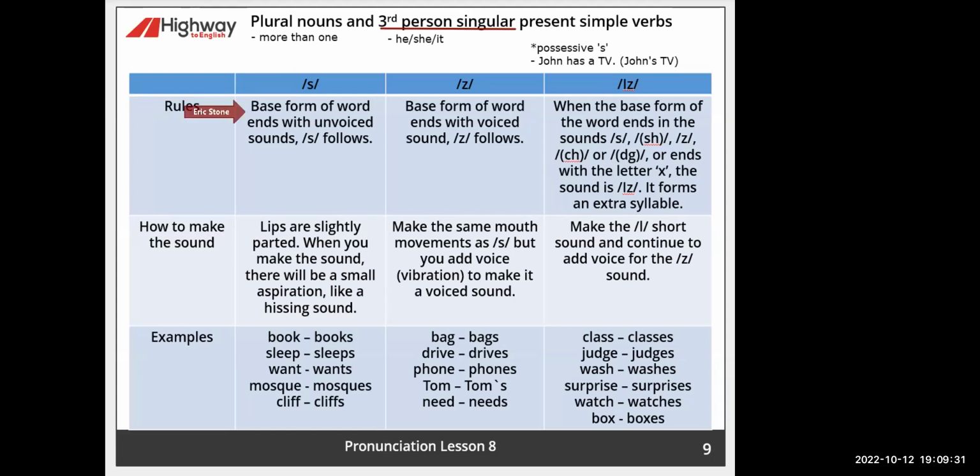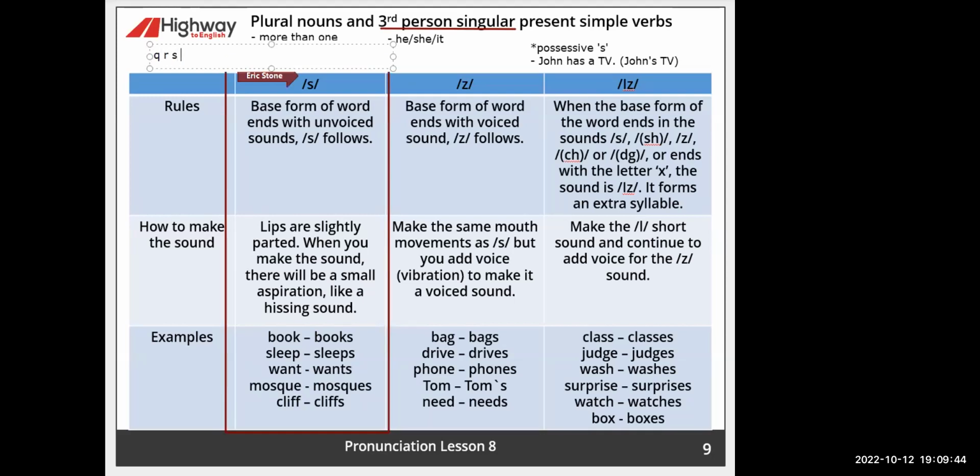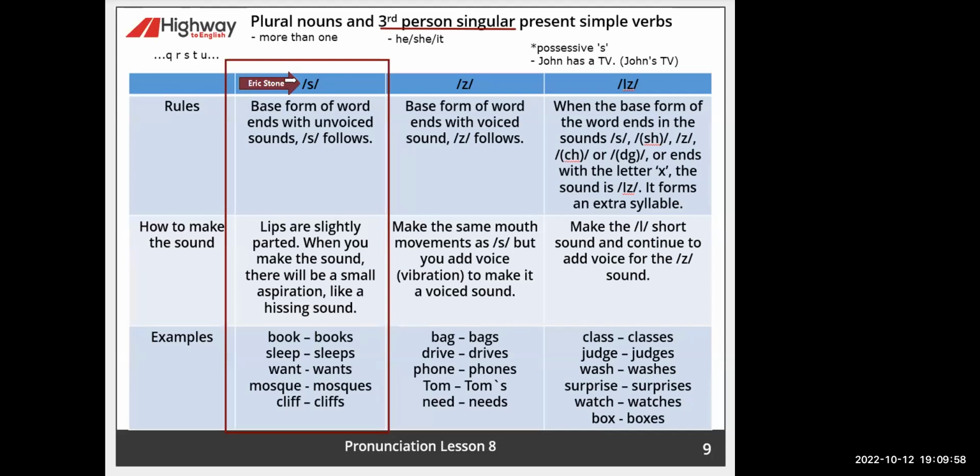The rules. Base form of word ends with unvoiced sound as follows. It's not S. S is for writing, like Q R S T U. This is S when you're talking about writing. But what you see there is not S. It's a sound.